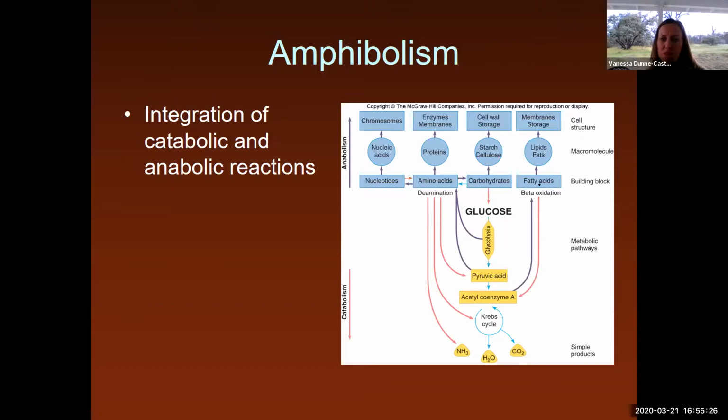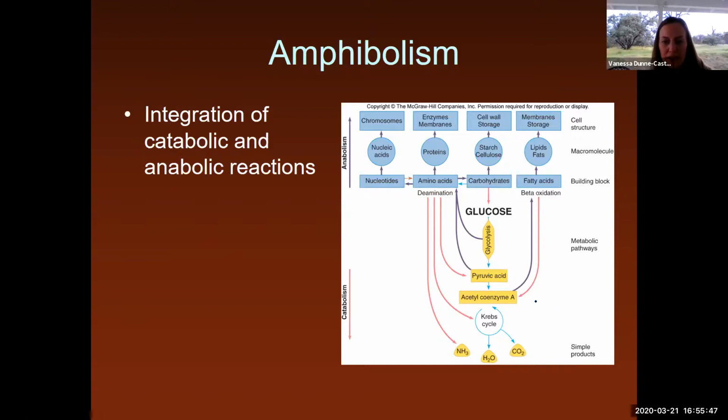And then alternately, we just saw examples of beta oxidation where a fatty acid can be used to produce energy, so a catabolic reaction from fatty acid, or we also saw how alanine or other amino acids can be deaminated and then be used to power the Krebs cycle or to be put back into these respiration pathways.